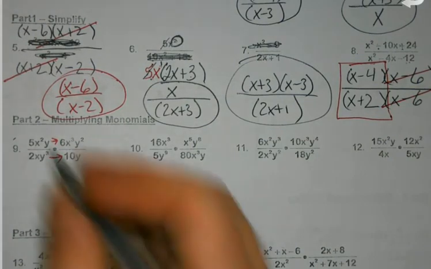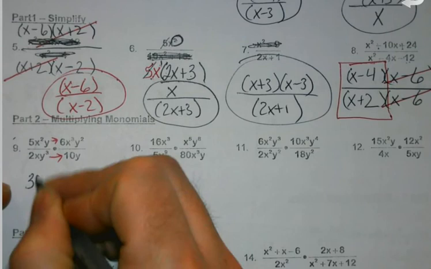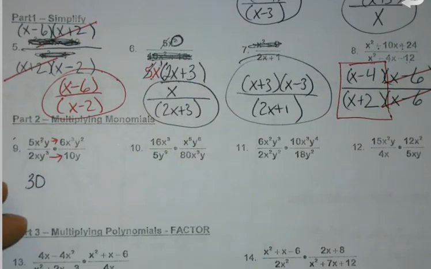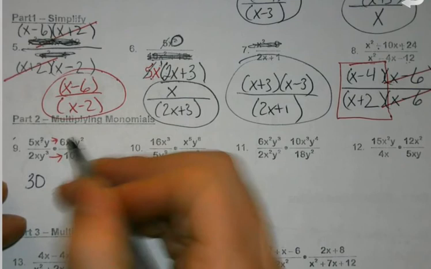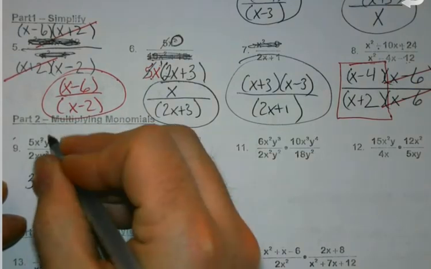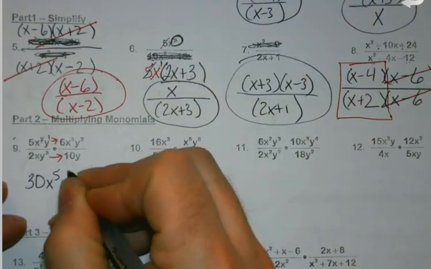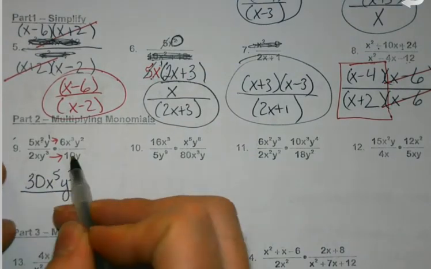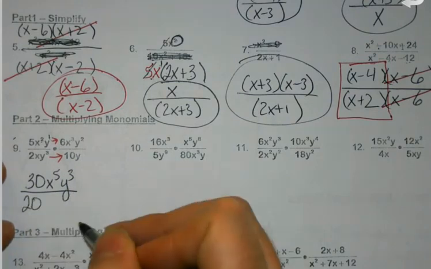So here, 5 times 6 is 30. What's my exponent rule when I'm multiplying? Add. So 2 plus 3 is 5. 1 plus 2 is 3. So it's multiply the coefficients, add the exponents. 2 times 10 is 20.